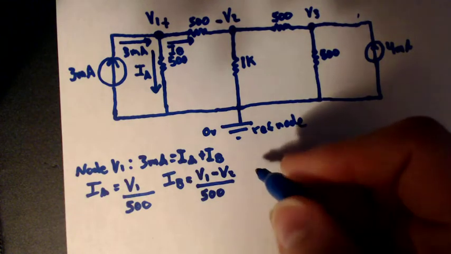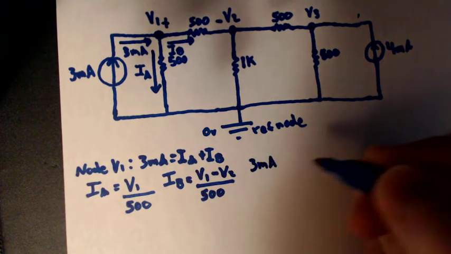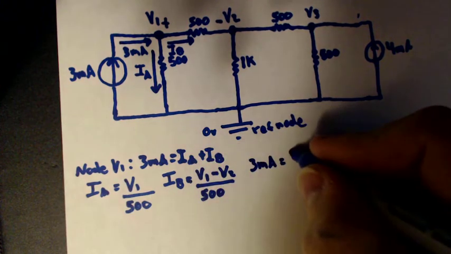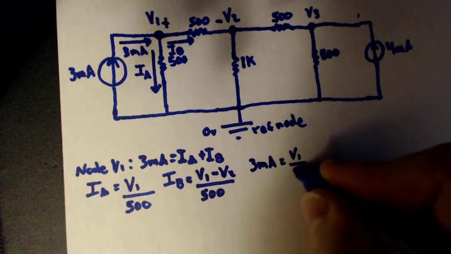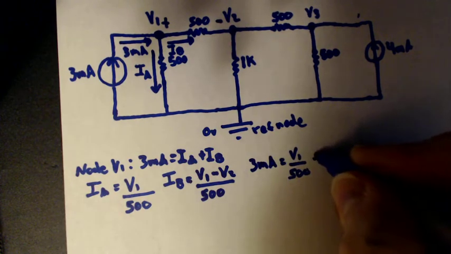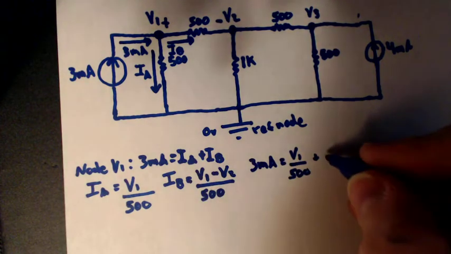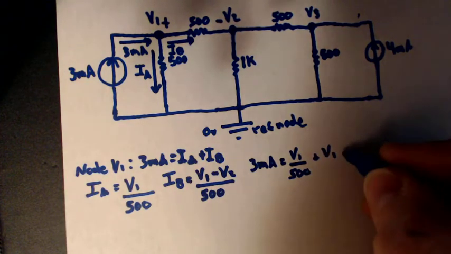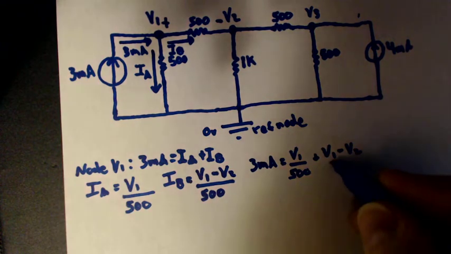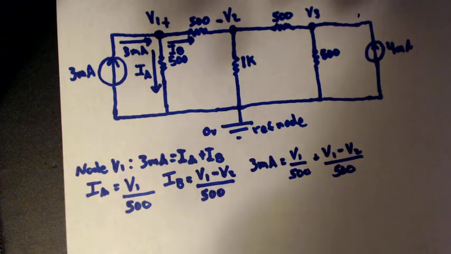So I'm going to go ahead and do 3 milliamps equals IA, which is V1 divided by 500, plus IB, which is V1 minus V2, divided by 500.